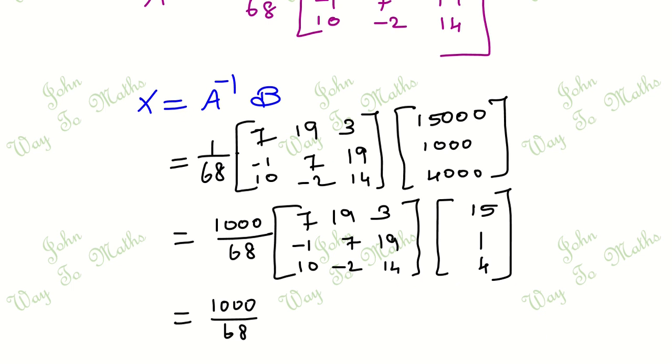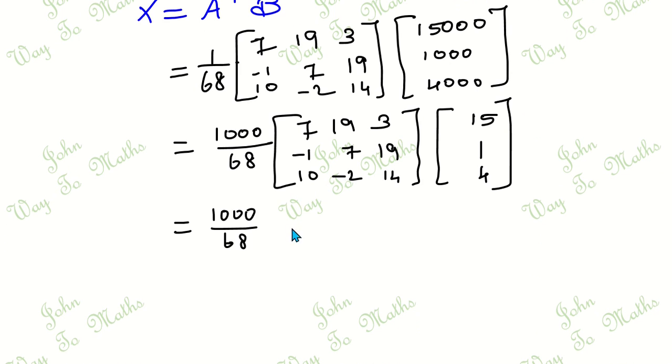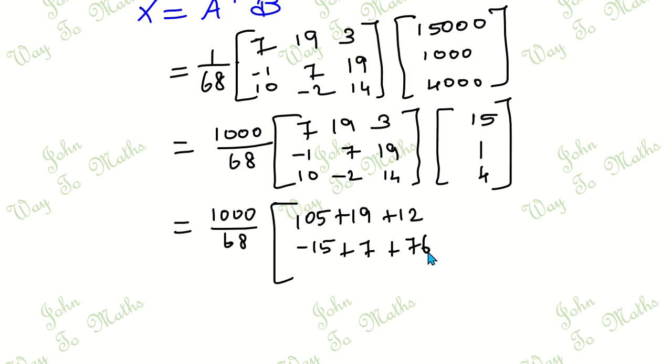which is equal to 1000 by 68. Here I'm going to multiply this matrix, first row multiply by first column, so 7 into 15 becomes 105, then 19 into 1 becomes plus 19, then plus 3 4s are 12, then second row multiply by first column, so minus 1 into 15 becomes minus 15, then 7 into 1 becomes 7, then 19 into 4 becomes plus 76, then third row multiply by first column, so 10 into 15 becomes 150, then minus 2 into 1 becomes minus 2, then 14 into 4 becomes plus 56.